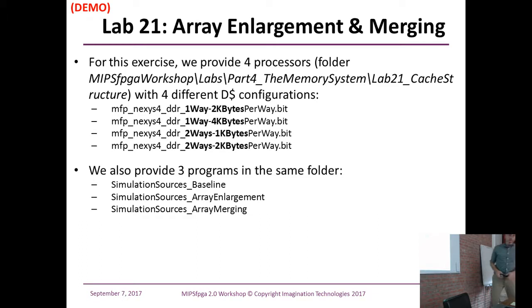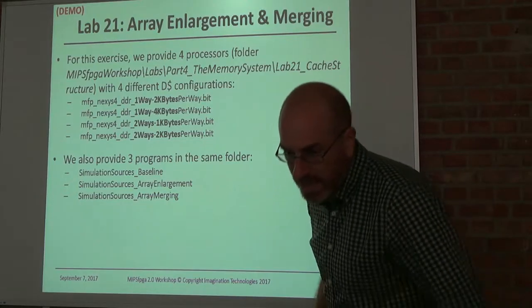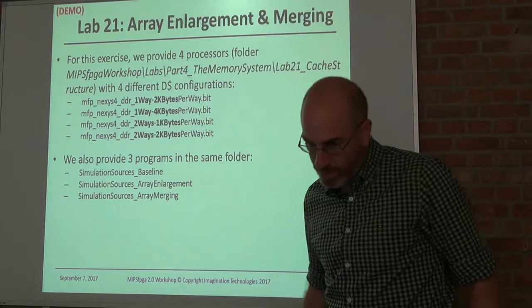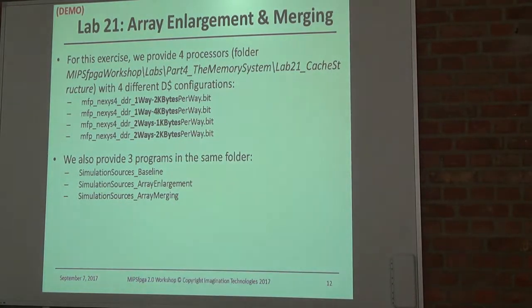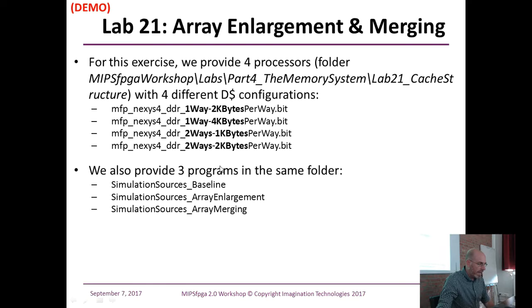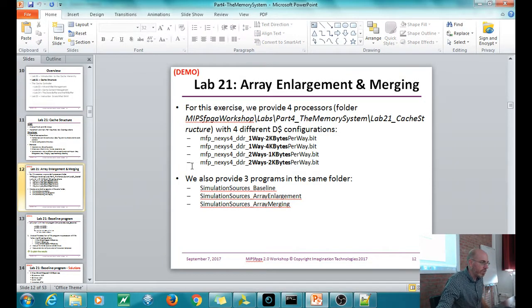So let's do one of the exercises proposed in this lab. In the theoretical part we explain how to implement new cache configurations, how to modify the size, how to modify the associativity. And for the workshop we already provide the bit files.